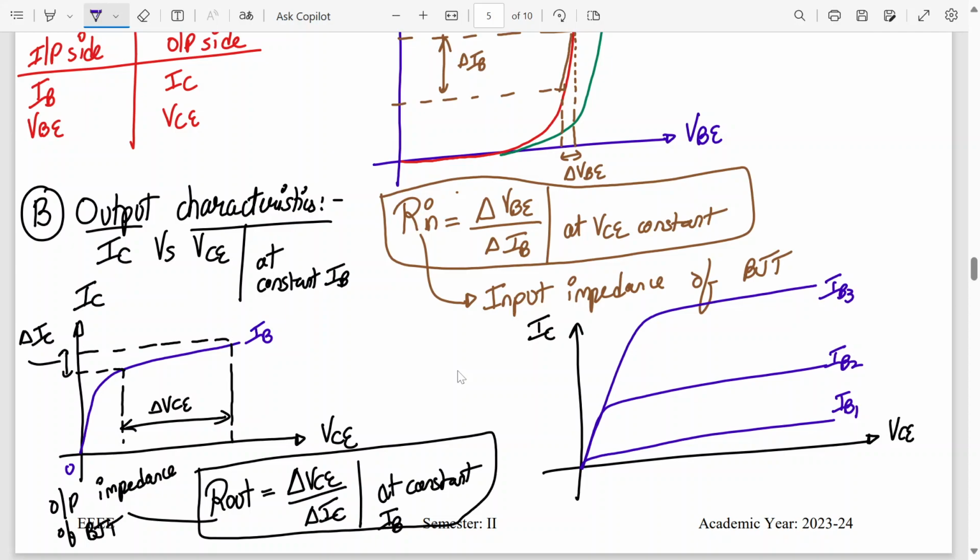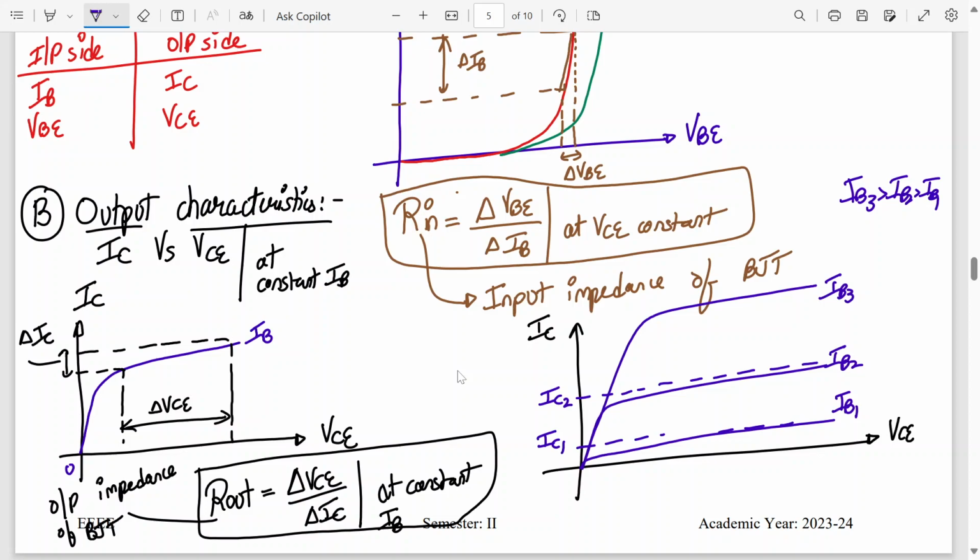So you can see three constant values of base current, where IB3 is greater than IB2, greater than IB1. Alright, this is a family of curves. If I measure it over here, correspondingly this will be IC2, and correspondingly this will be IC1.